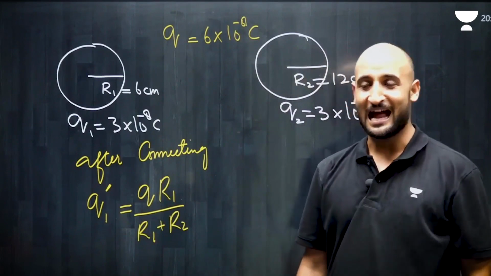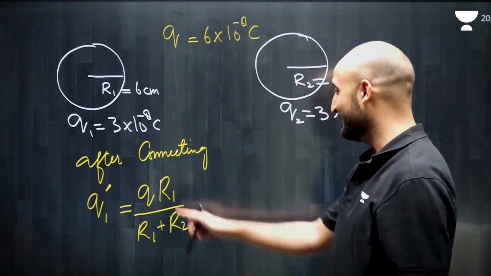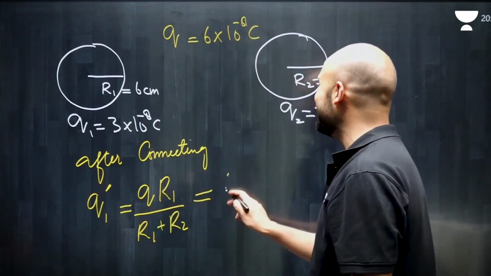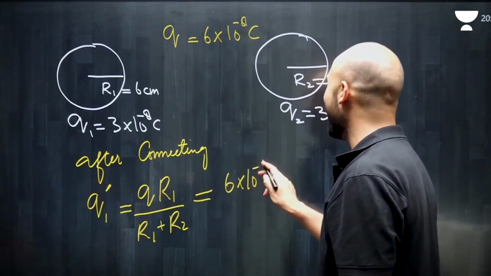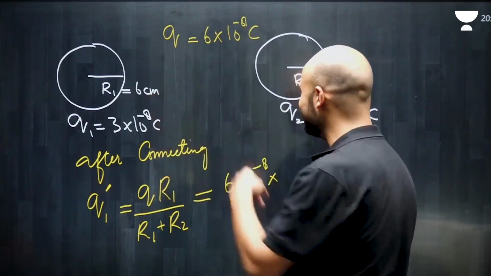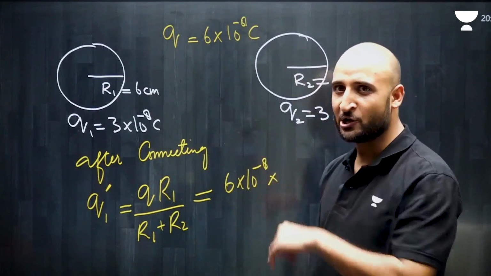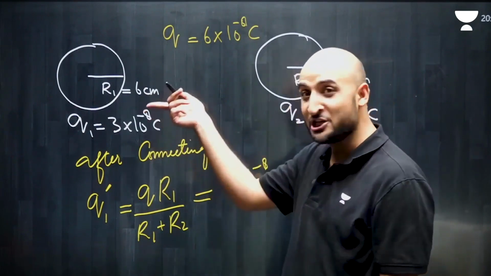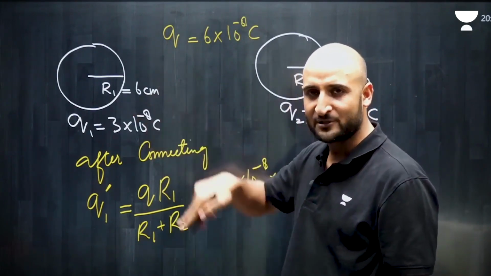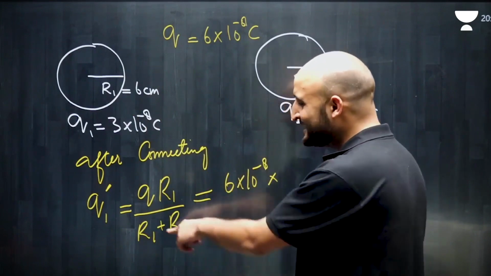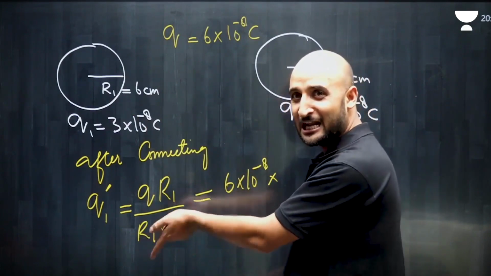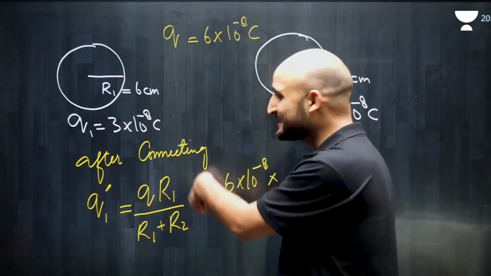I got the total charge already, so I will put the values here. I get 6 into 10 power minus 8 into R1, that is 6 centimeter. Do I need to change the units? Absolutely not, because in the denominator there's also a radius in centimeter, so centimeter will go.